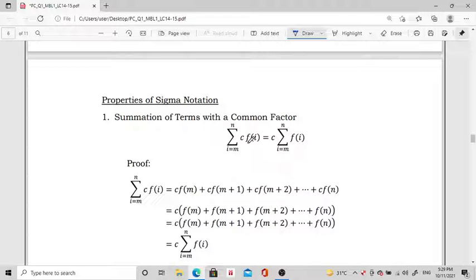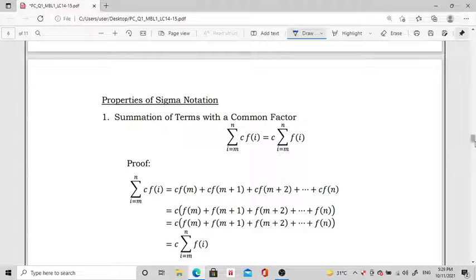Tapos, ang pwede daw na ang gawin na lang natin is ilabas natin si constant. Extract natin siya. Tapos, ang gawin na lang natin is the summation of f of I, the expression, from I equals M to N. Kunin natin daw yun. Then, yung result, i-multiply na lang natin sa C.